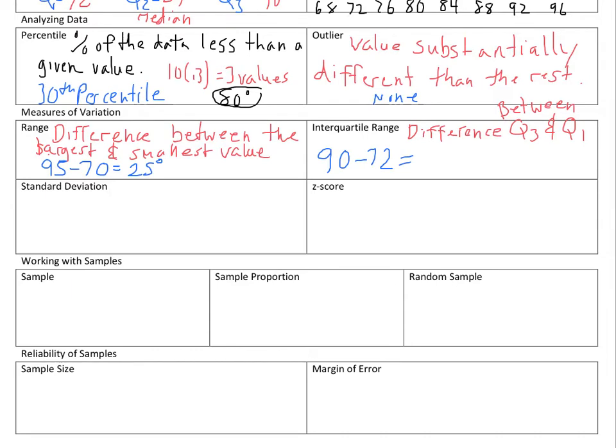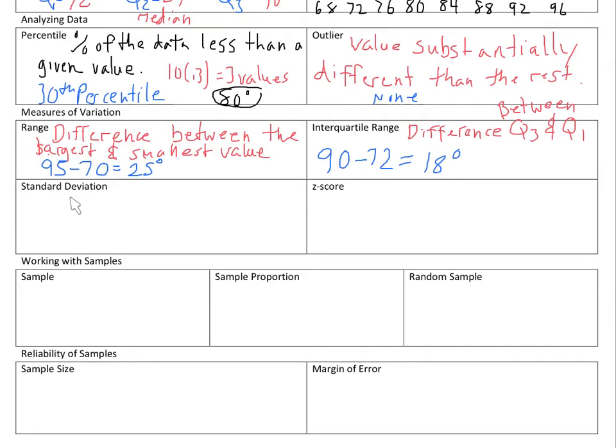Is that 18 degrees? Now, should your interquartile range always be smaller than your regular range? Shouldn't this always be smaller? Because it's the internal range of it, the quartiles, the internal part of the problem.